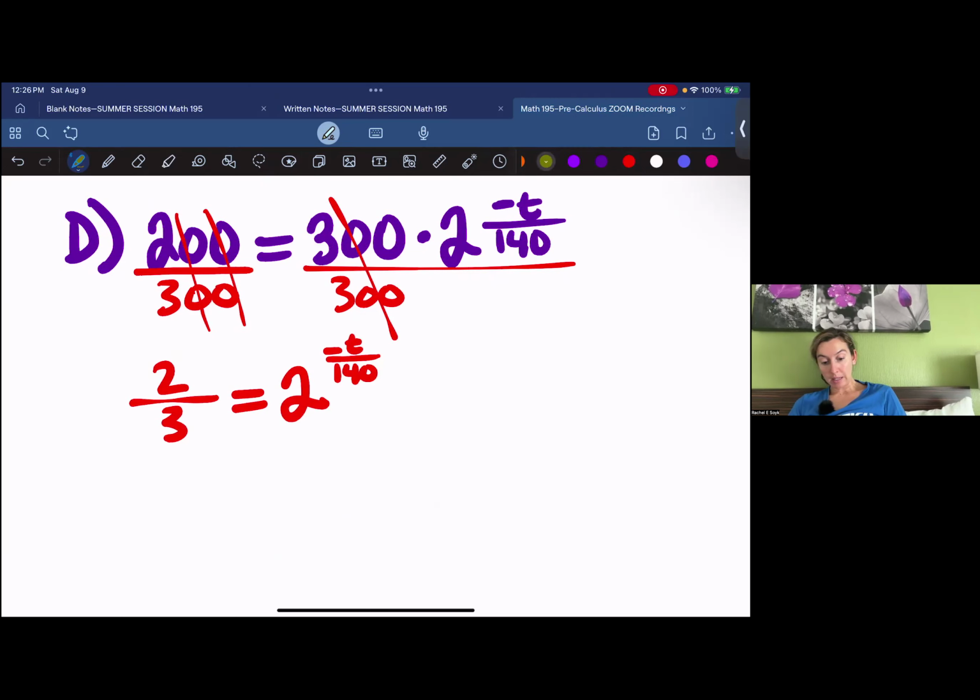And then let's go ahead and take the log of both sides.